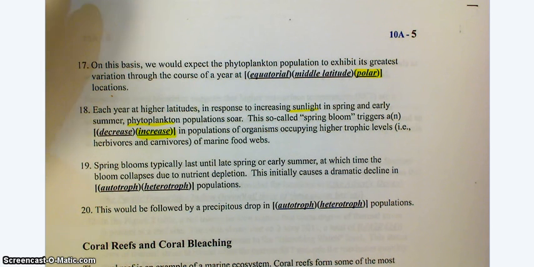So, basically, here's the thing. Increase in sunlight is going to give you an increase in phytoplankton. Increase in phytoplankton is going to give you an increase in everything else that is part of that food web. Okay? When sunlight decreases, phytoplankton population is going to decrease, and so are all of the other things that are tied in to that food web.